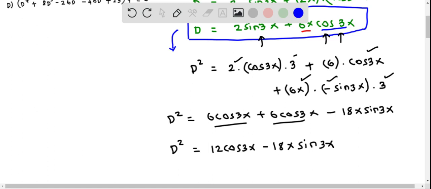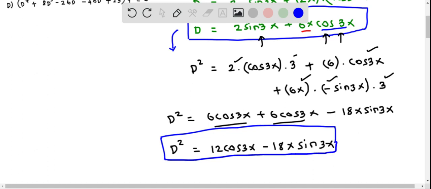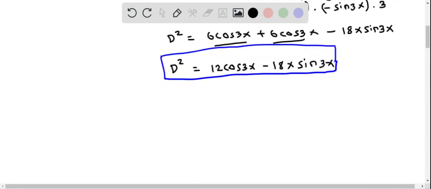So we have determined D2. Let's continue the differentiation to find D3 and D4.